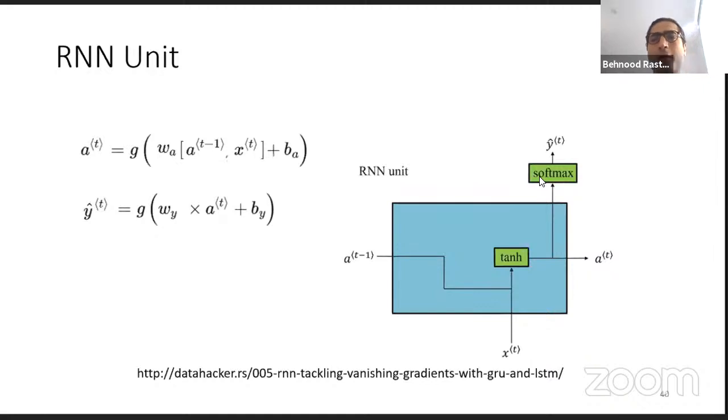When you're backpropagating through your network and the sequence is long, you might often face this problem. Exploding gradient is easier to solve, but vanishing gradient is really hard to tackle.